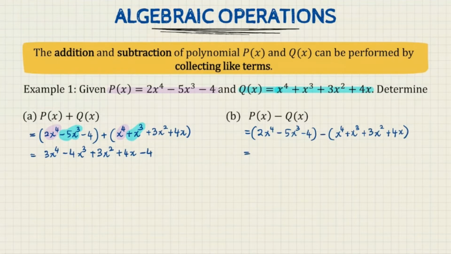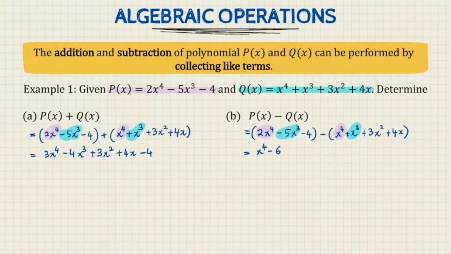Okay, now 2x power of 4 minus x to the power of 4, 2 minus 1 will be 1. So x to the power of 4 only. Second, negative 5x cube plus x cube. So negative 5 minus with minus 1. So negative 5 minus 1 will be negative 6.